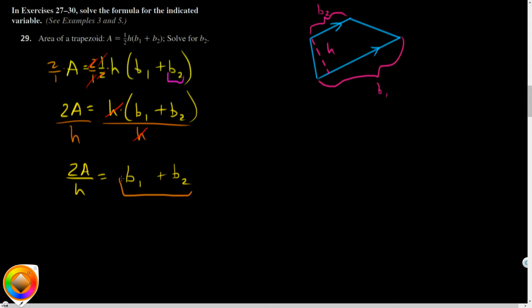No, those aren't like terms. No, it's positive. It's being added. So I've got to subtract b1 from both sides. Now these aren't like terms, obviously, but I'll call that 2a over h minus b1 equals b2.